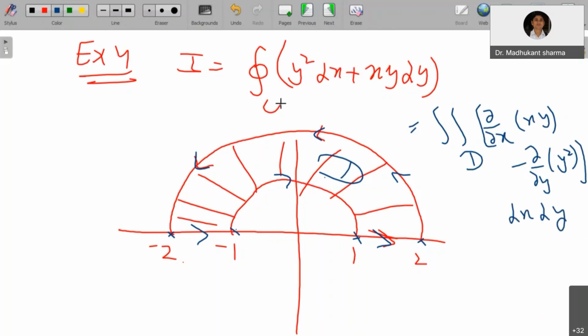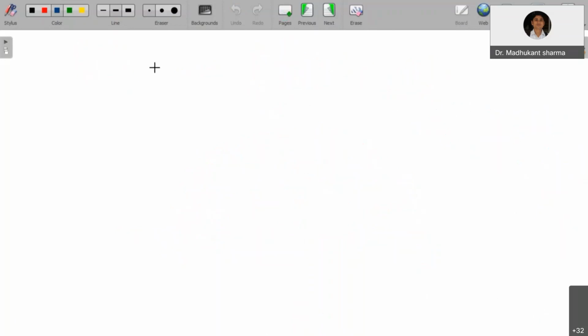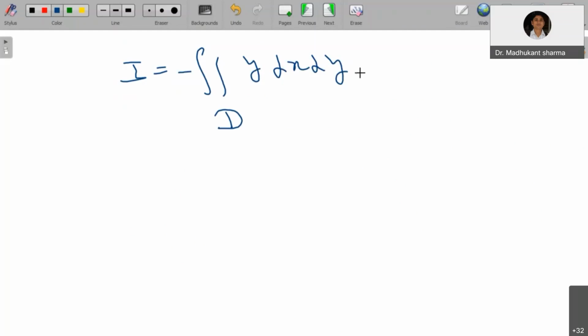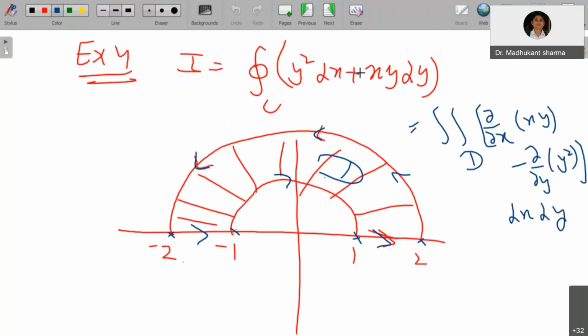So I equals the double integral over D of minus y dx dy. Since it's an annular region, there are various ways to look at it. One is that the y limit is square root of 1 minus x square to square root of 4 minus x square, and the x limit is from 1 to 2.